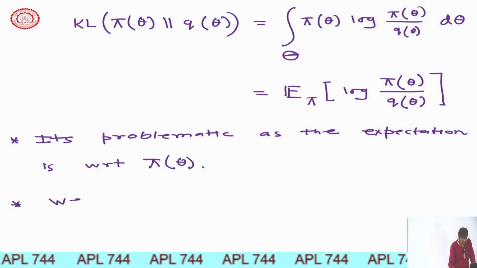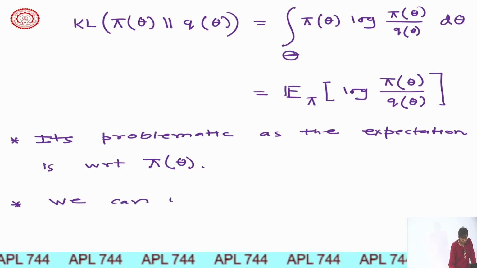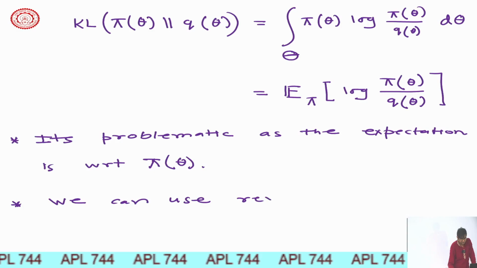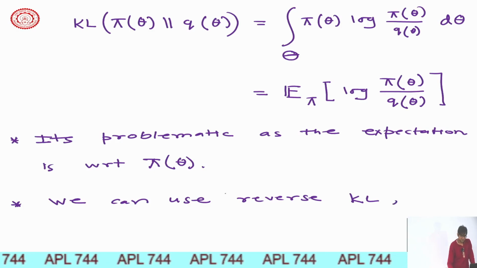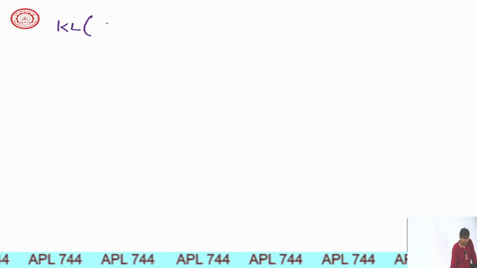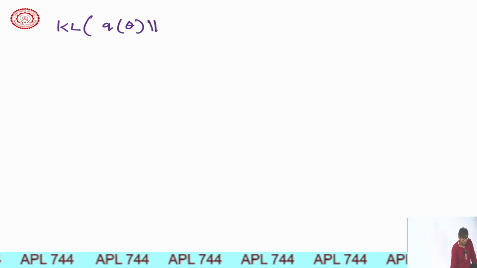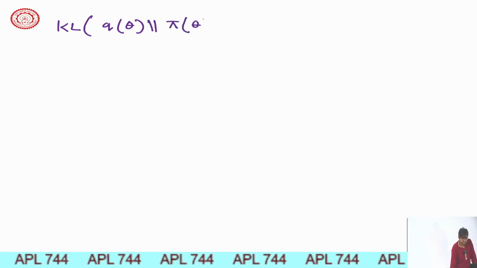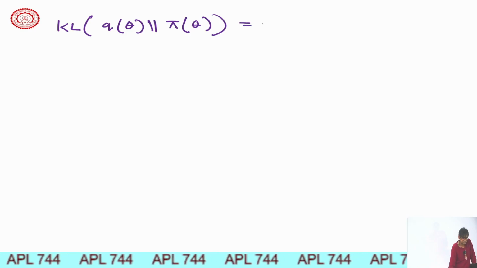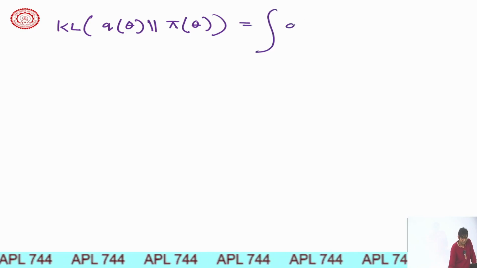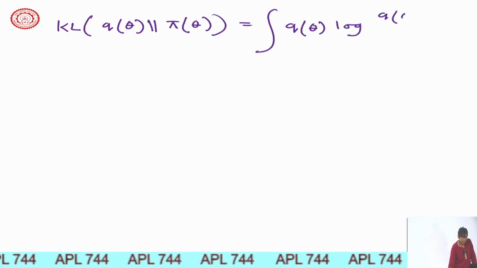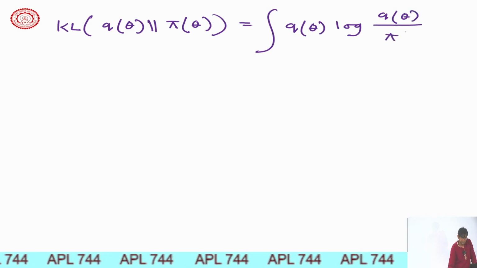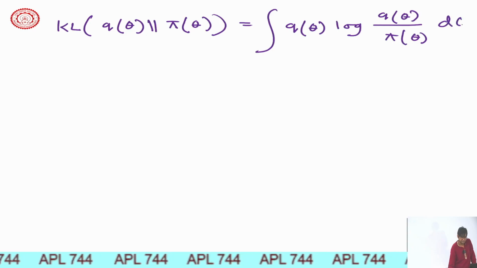So we can use reverse KL, which is KL between q theta and pi theta, which is equal to the integration of q theta log q theta by pi theta d theta.